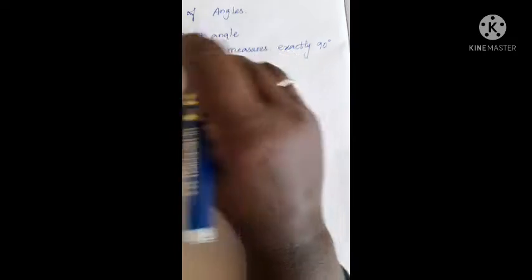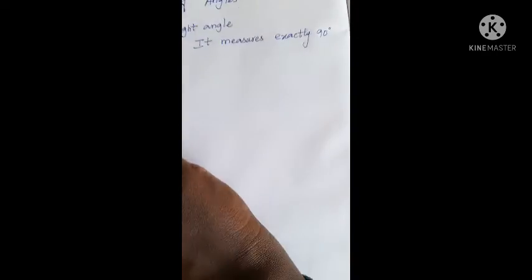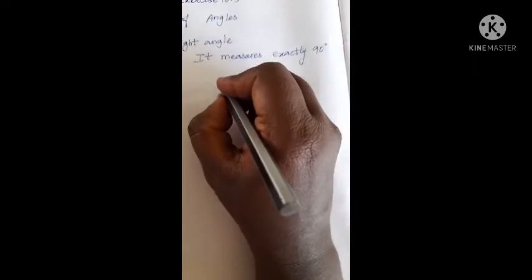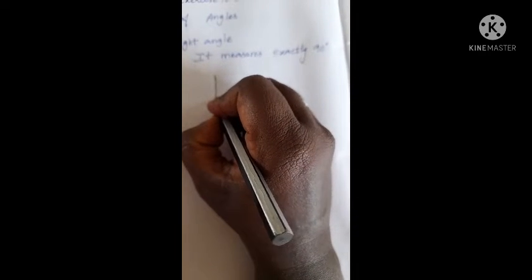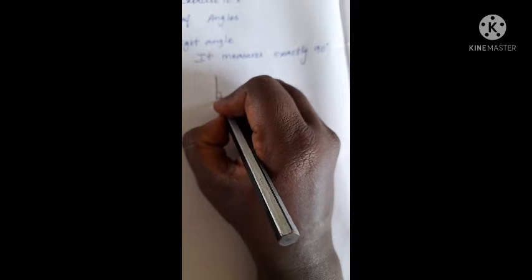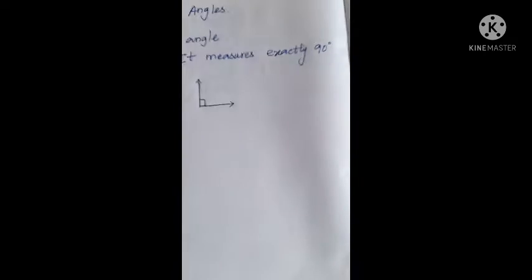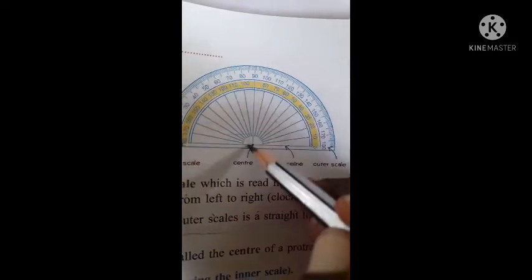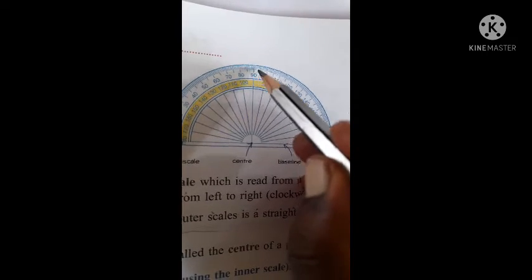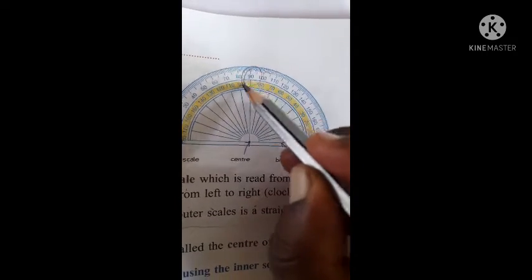For example, the figure will come exactly in an L shape. When you are seeing your protractor, you will come to know how the picture of exactly 90 degrees will come. See your protractor now, see exactly it will come 90 degrees.